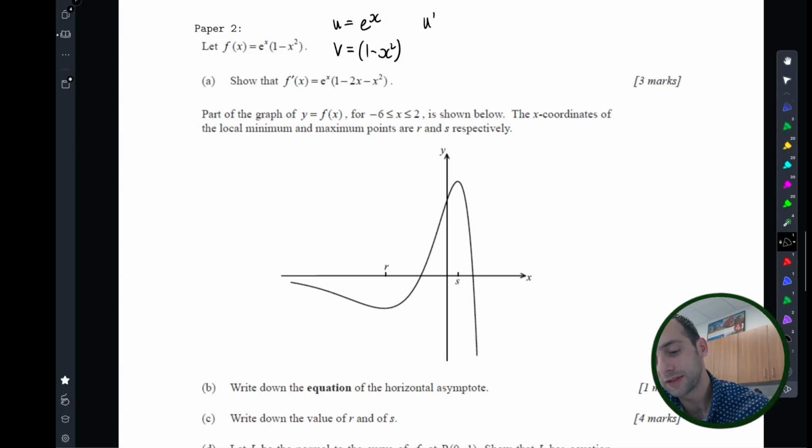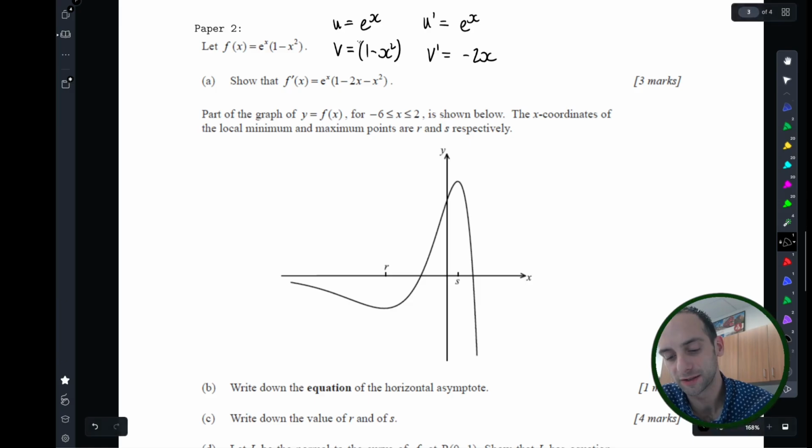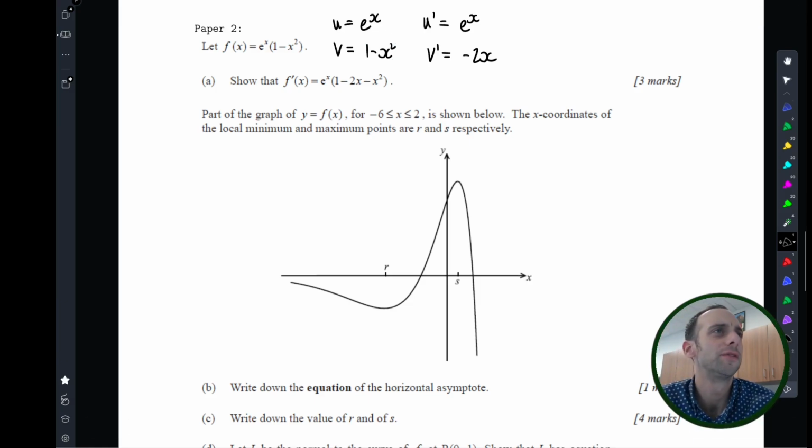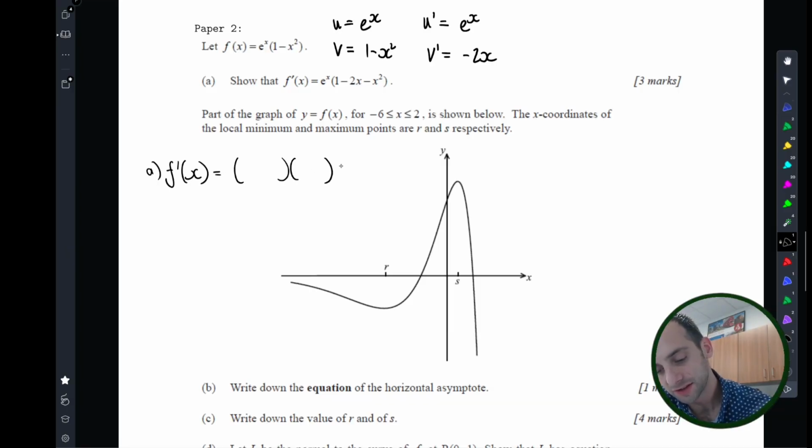Okay? We can get their derivatives nice and easily, picking up our partial credit for using the product rule. The derivative of e to the x is just e to the x, and then the derivative of 1 minus x squared, we don't even need the parentheses around this, should be -2x. Okay? We glue all this together in our product rule to give us f primed of x. We'll get our 4 parenthesis skeleton set up here.